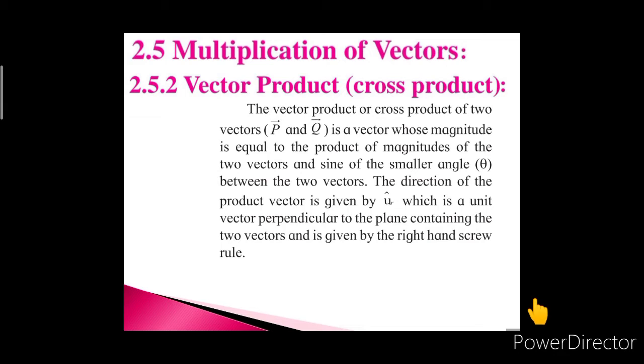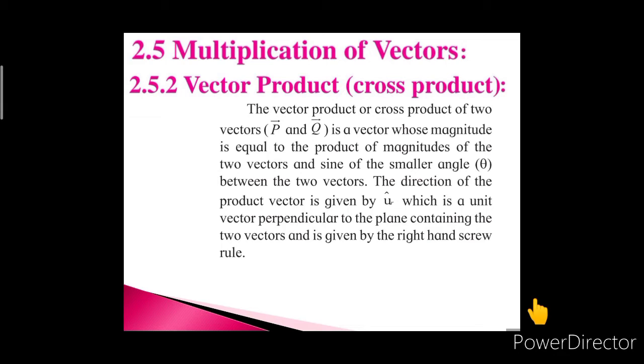The direction of the product vector is given by r cap, which is a unit vector perpendicular to the plane containing the two vectors and is given by the right hand screw rule.